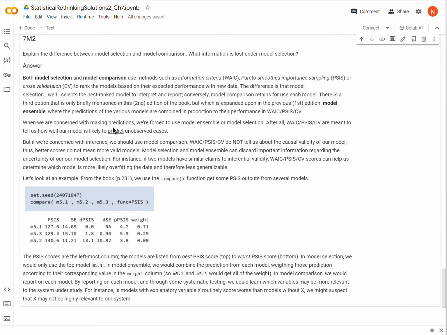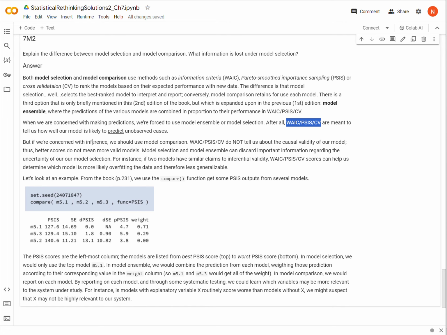But what these things do not do is tell us about the causal validity of our models. That's something completely different. Prediction is very different from making causal inferences. So if what we are interested in is causal inference, we are not directly using these scores to tell us which model is causally valid and which is not.